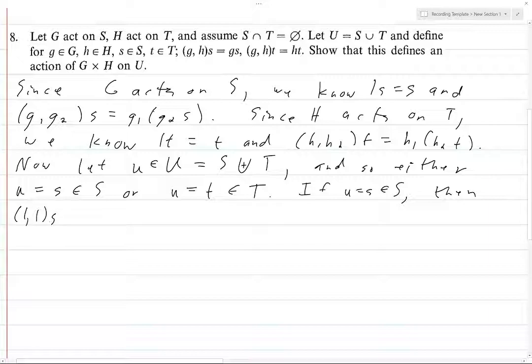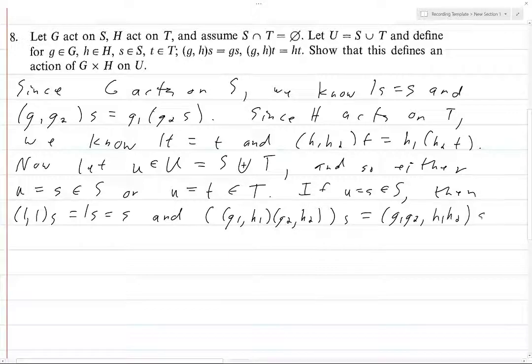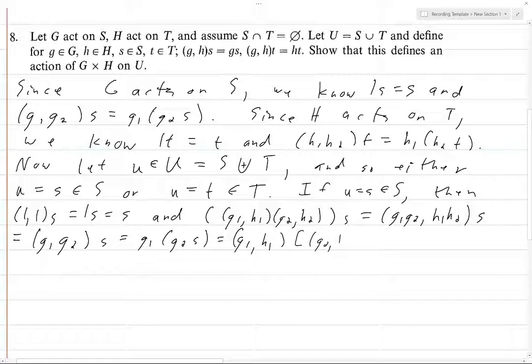1, which I claim is just the one element of this action, is just 1S, which is S. And if we have G1, H1 and G2, H2 acting on S, then if you look at what this composition is, this will just be G1G2, H1H2, S, which is equal to G1G2S, which we know is equal to G1 of G2S, which is equal to G1, H1 acting on G2, H2S.